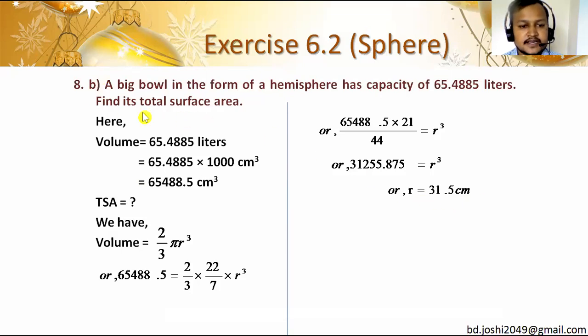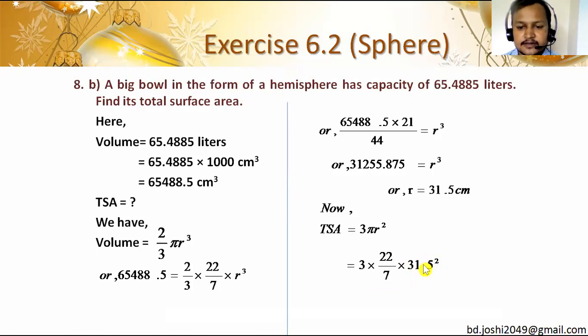Now after getting radius, use the formula of total surface area. What is the formula of total surface area of hemisphere? 3 pi r square. So we are going to use same formula. Total surface area is equal to 3 pi r square, which is equal to 3 into 22 by 7 into 31.5 square.